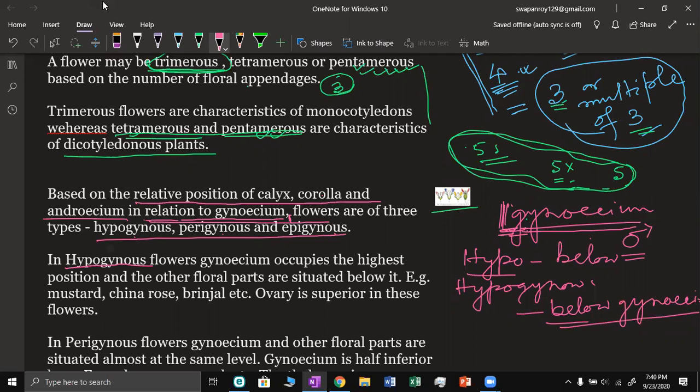So hypogynous is the flower where the other floral parts are below the level of the gynoecium, that is below the ovary. China rose, brinjal, mustard, these are hypogynous flowers. Most of the flowers, the maximum, come in this group. Okay, hypogynous.